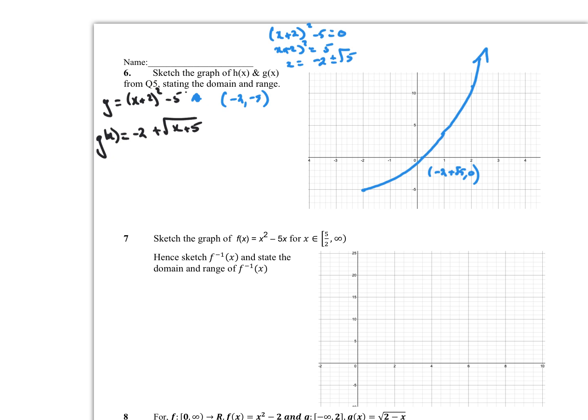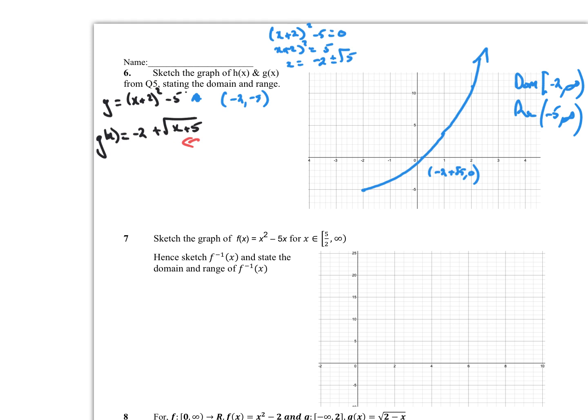So maybe it goes a little bit like that. We have to state the domain and range. So the domain is from -2 to infinity. The range is from, what is the range from? -5 to infinity.